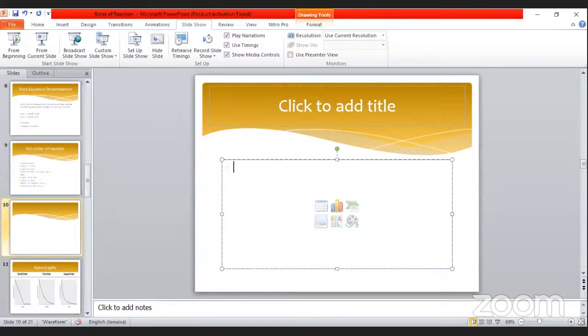K is going to be equal to rate divided by the concentration of NO squared times the concentration of hydrogen.